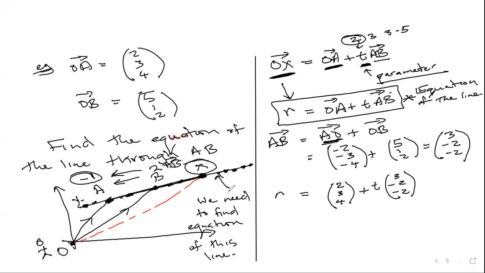If I put T equal 1, I end up at B. If I put T equal 2, I end up at 2 times the distance to B. If I put T equal 3, or T equal -1, or T equal -1.5, any point along the line, I just put in the parameter T and I must end up somewhere on the line. So this is the equation of the line.